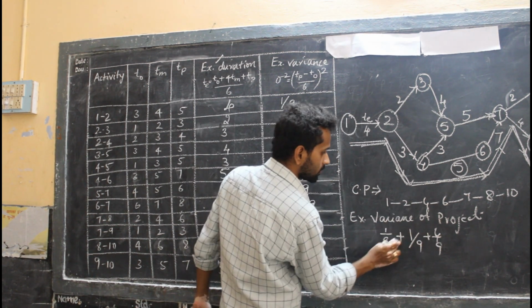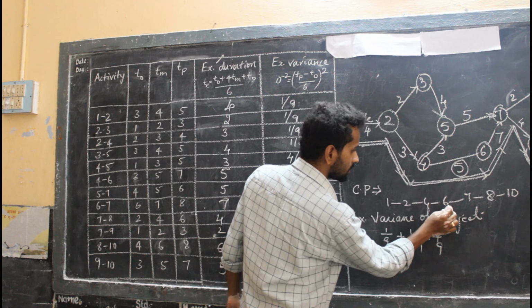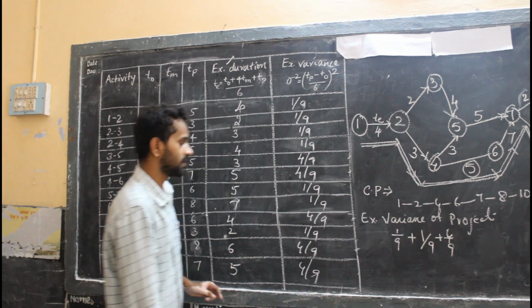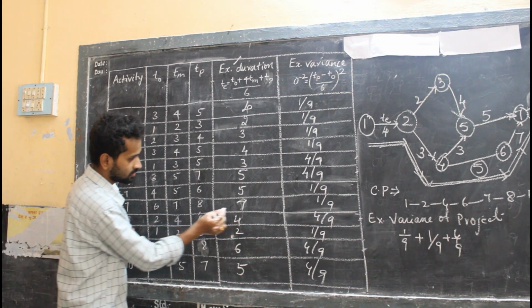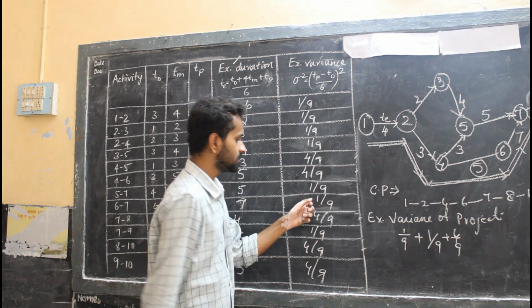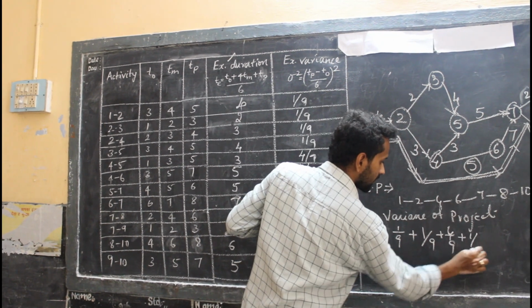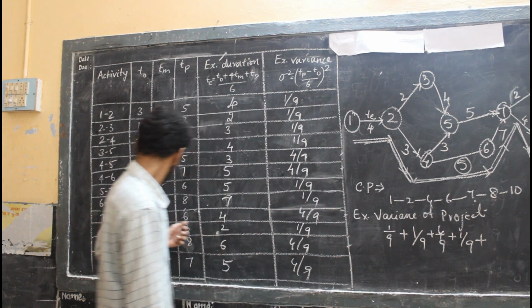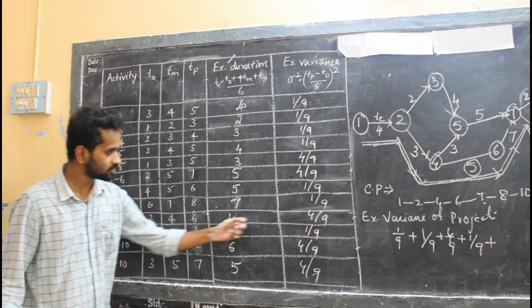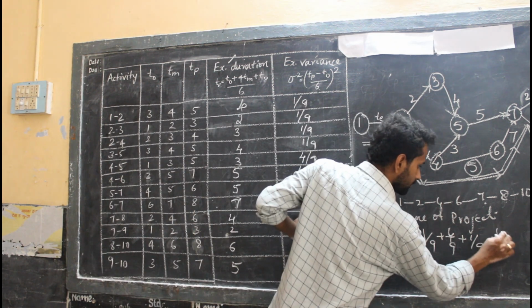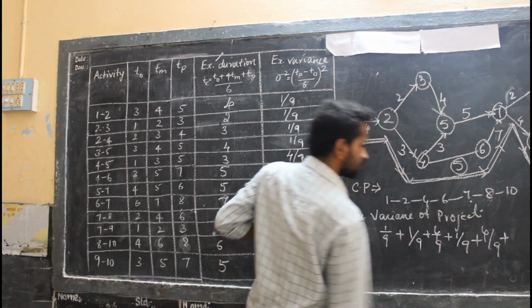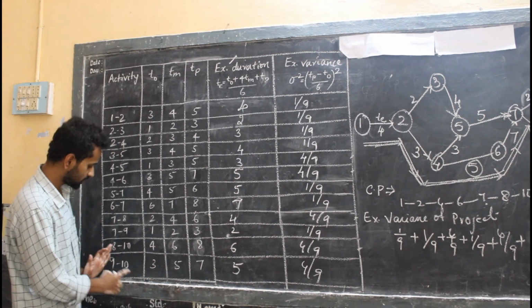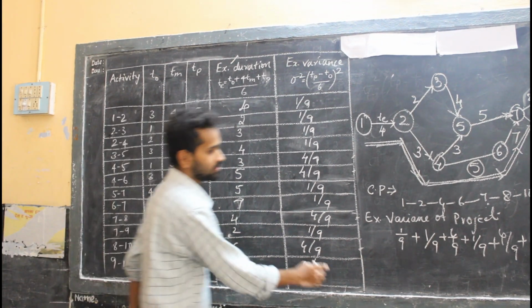So 1 to 2 is over, 2 to 4 is over, 4 to 6 is over. Now 6 to 7, check it, variance is 1 by 9, plus 1 by 9. 6 to 7 is over, 7 to 8 is 4 by 9, plus. Next, 7 to 8 is over. Next activity 8 to 10, 8 to 10 is 4 by 9.